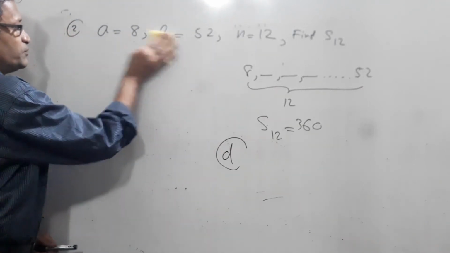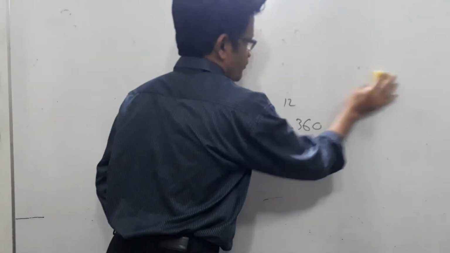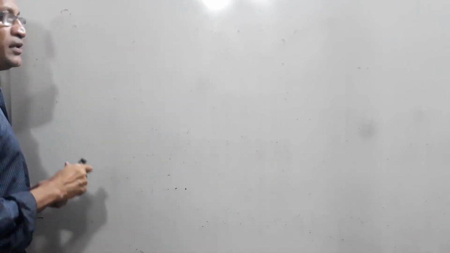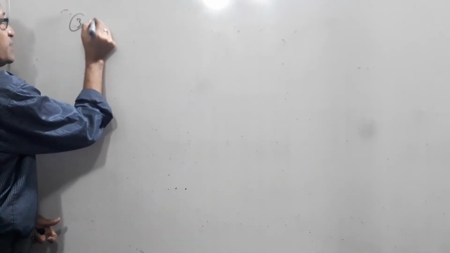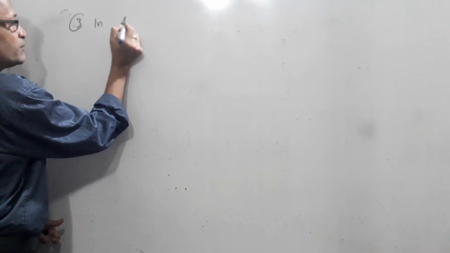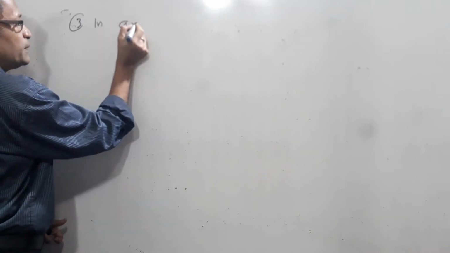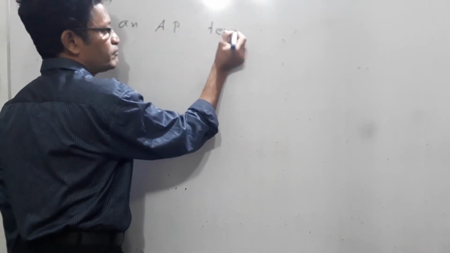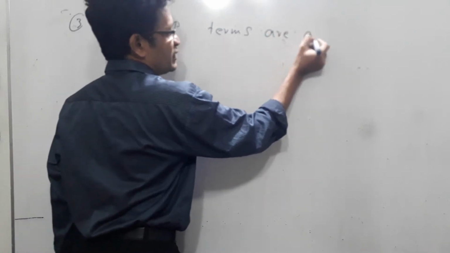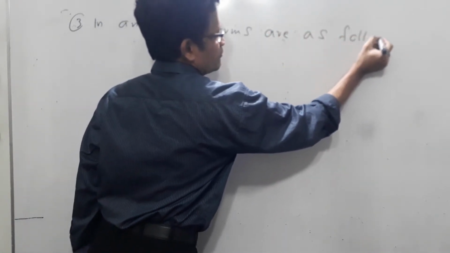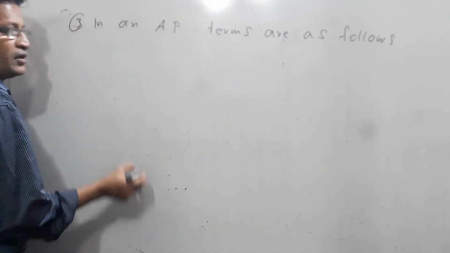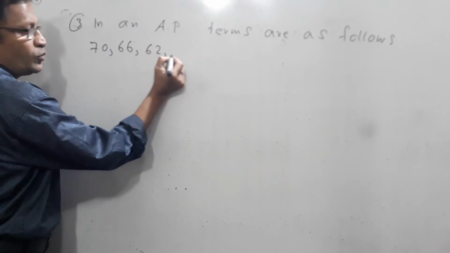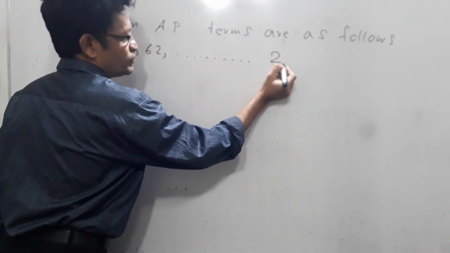Now we'll do another question. Now say, in an AP, third question, it says in an AP the terms are as follows: 70, 66, 62, likewise, then 2.